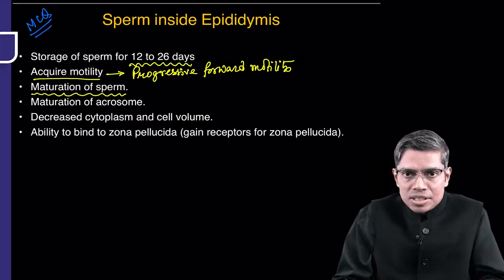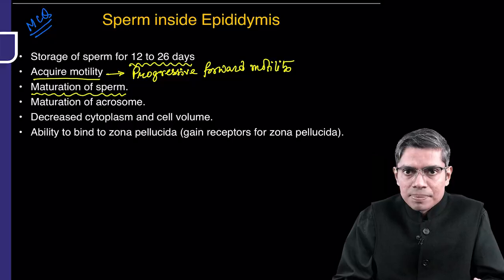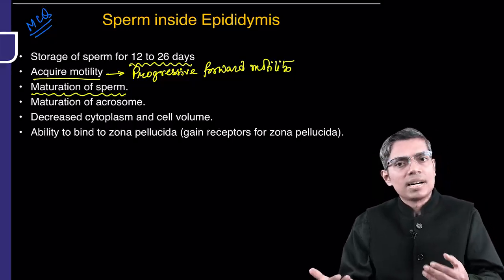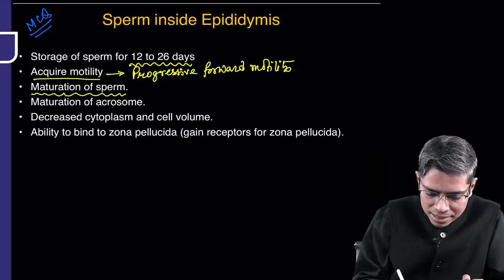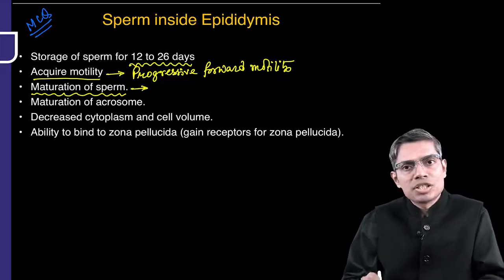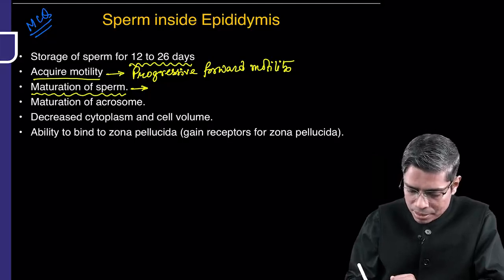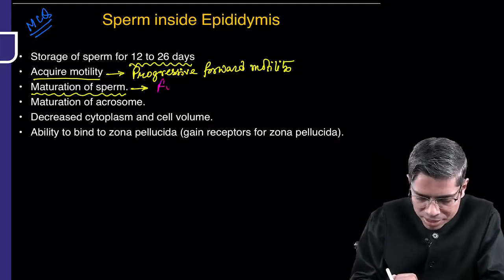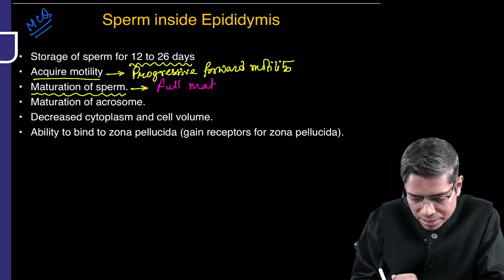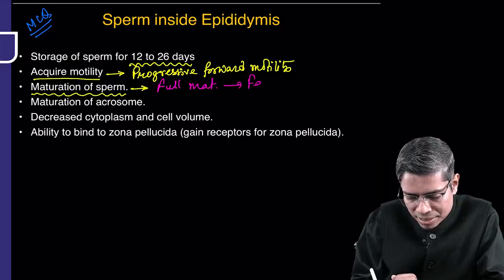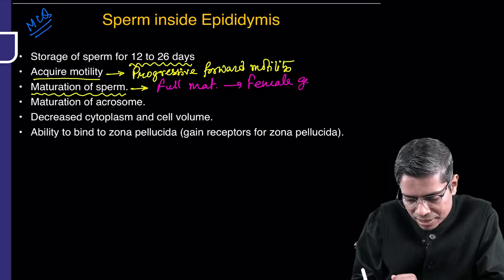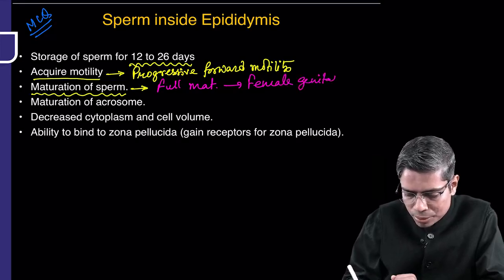This capacitation, or hypermotility of the sperm, is essential for fertilization. That's why it is said that although the sperm is mature at the level of the epididymis, full maturity occurs at the level of the female genital tract. So, you have to remember this.